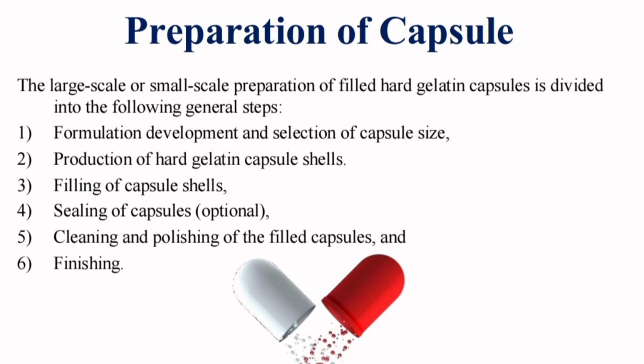First of all, we will select the capsule size, then we'll go for the production of the hard gelatin capsule shell. Then after preparation of the gelatin capsule shell, we will fill the drug medicament into that. Then sealing is done, and after the sealing, cleaning and polishing of the filled capsules is done, and after that finishing. So these are the 6 steps for the preparation of capsules.